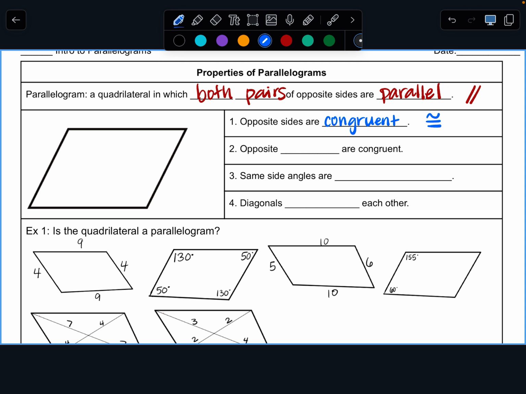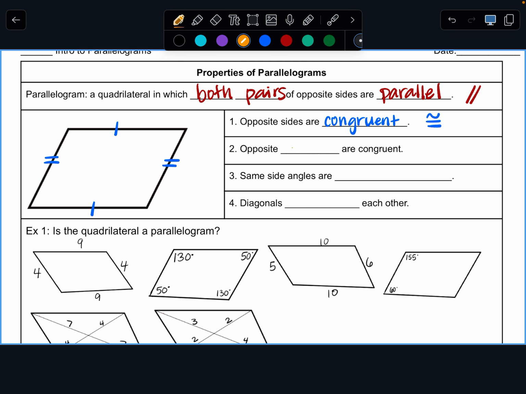So on a figure, when two things are congruent, you're going to see these little marks. So those two opposite sides are congruent, and the other pair of opposite sides are congruent. So I'm using 2 instead of 1. I would use 1 on each side if they were all 4 congruent. But since just the 2 pairs are congruent, you need to differentiate between them by using a different number of marks.